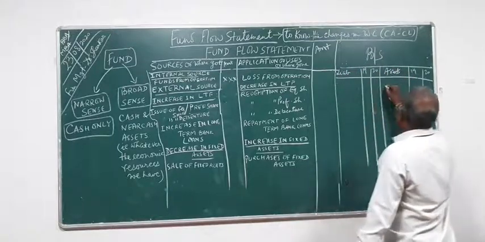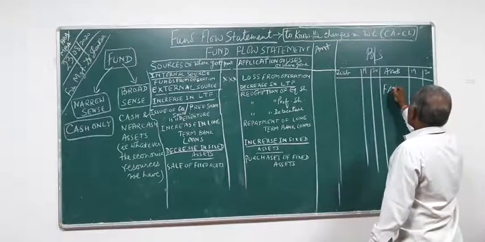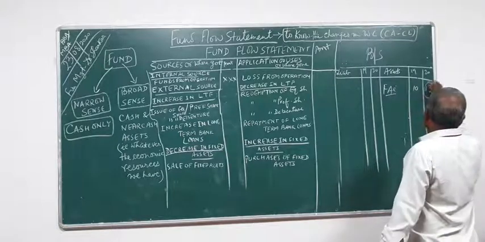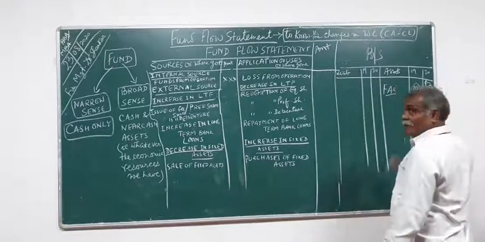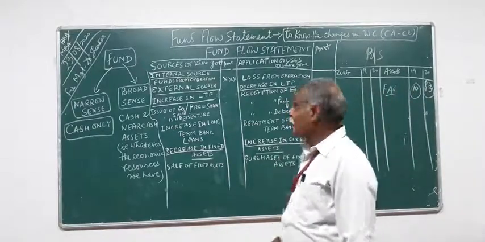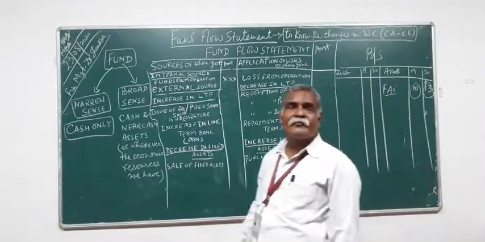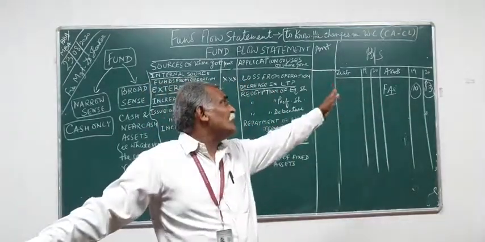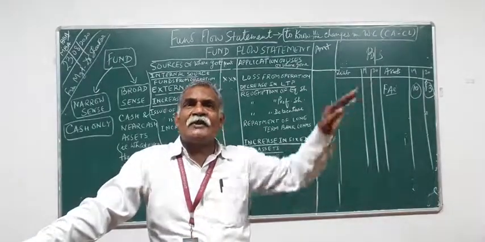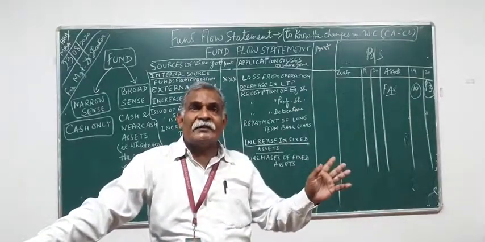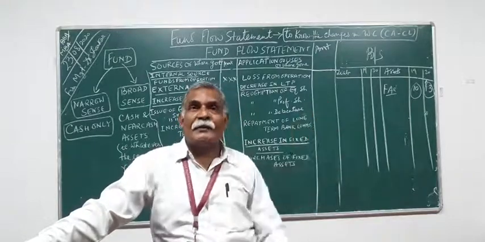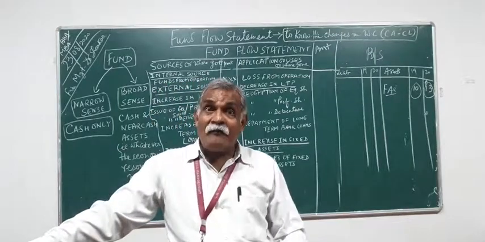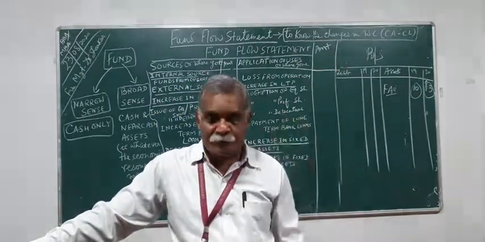Suppose fixed assets are 10 and 13, it's increasing. It means in 2019 you have 10 rupees of fixed assets, and in 2020 the amount of fixed assets has increased from 10 rupees to 13 rupees. It means 3 rupees of fixed assets has been added. It means we have purchased some new building of 3 rupees.